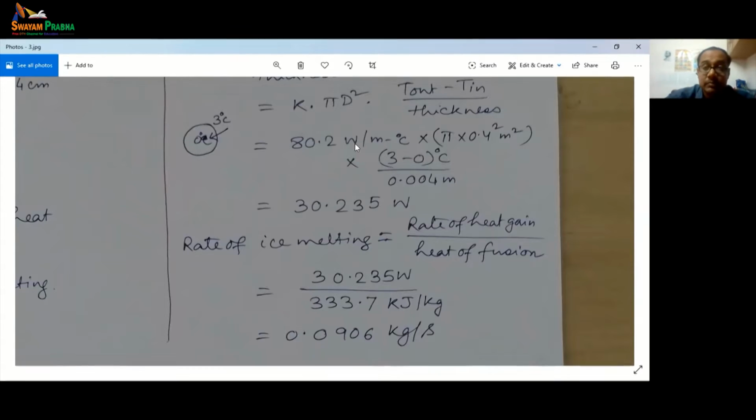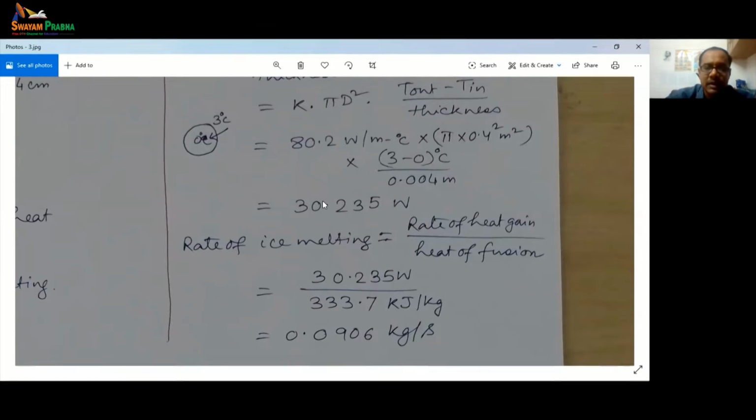Here again I bring your attention to the unit system. As in the last tutorial also I emphasized, always write with all individual units in the same unit system. Here all the units are written in SI system, and degree centigrade is equivalent to Kelvin for a difference, so that does not change the dimension of the system. Basically what we get is a consistent SI unit equation, so after calculation you will get the result in SI units only.